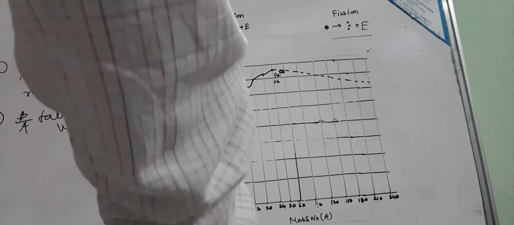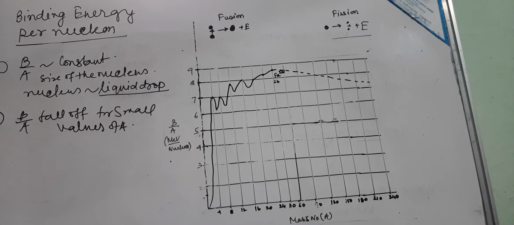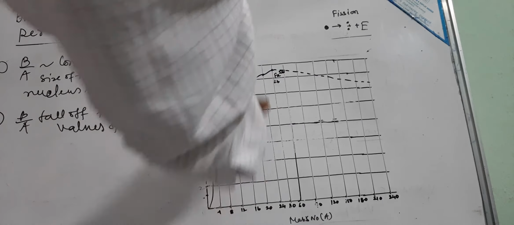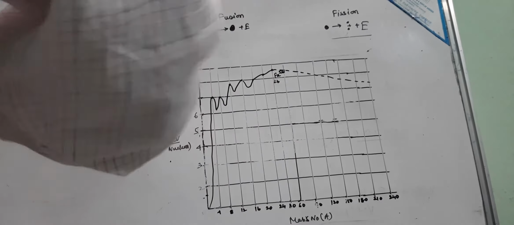The light nuclei fall off for a small value of A, because a larger fraction of the nucleons resides on the surface rather than inside, and this reduces B by A.